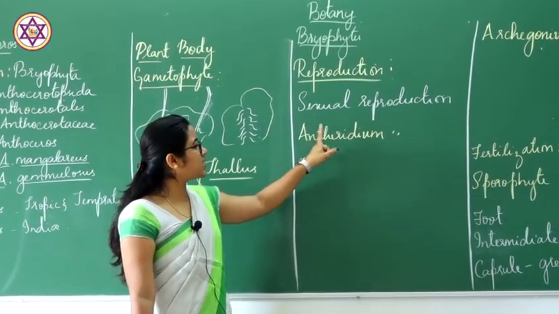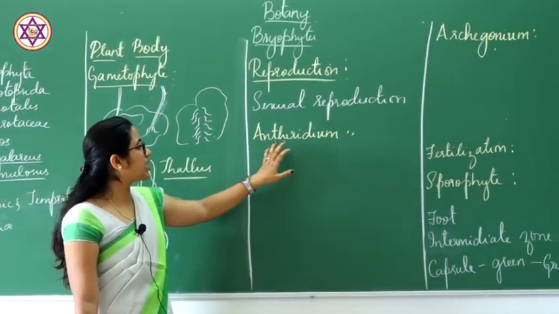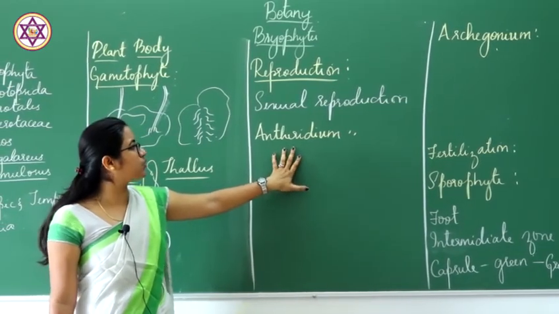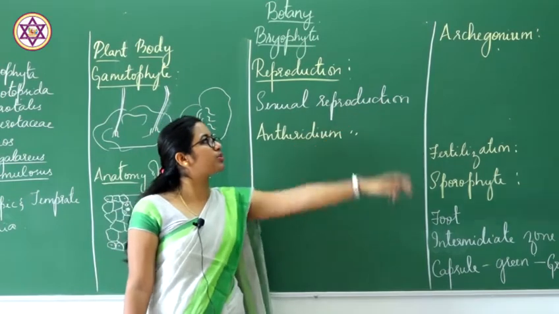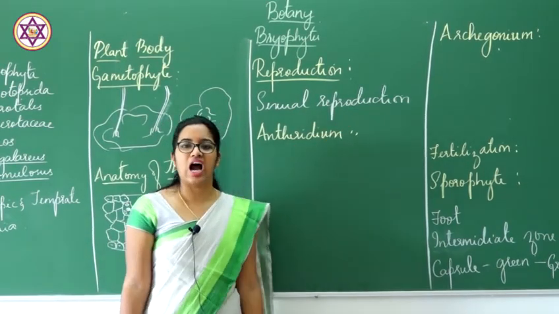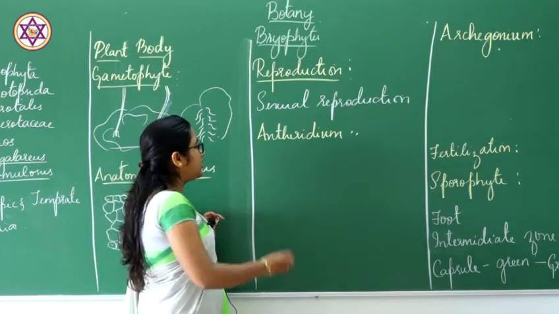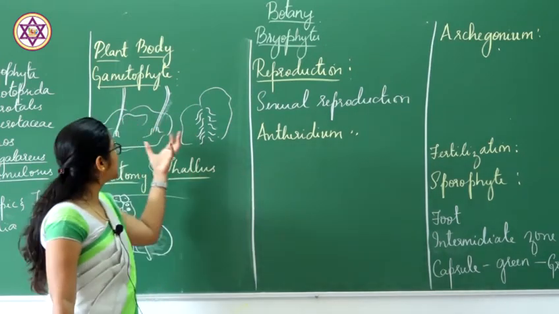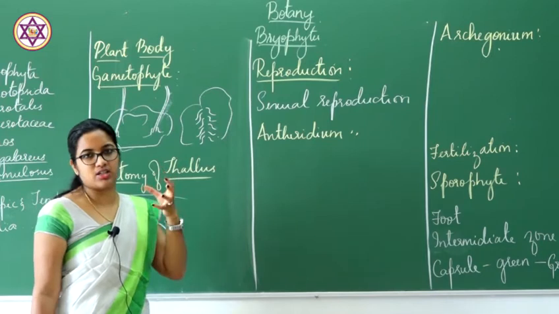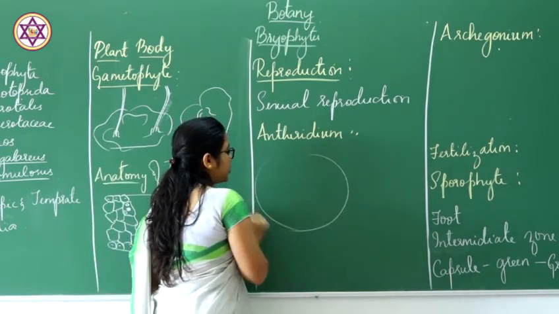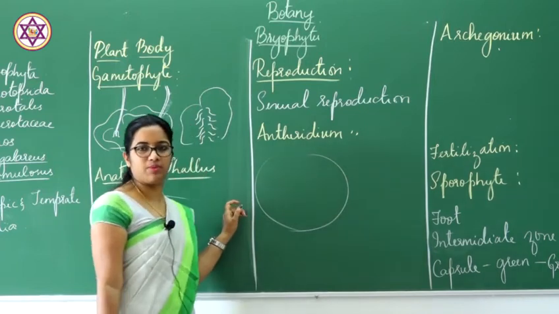You can see the sexual reproduction occurring wherein the male reproductive structure is called the antheridium and the female reproductive structure is the archegonium. Now, talking about the antheridium, they are again present inside the thallus. Okay, inside the thallus, in a cavity, you can find the antheridium to be present.